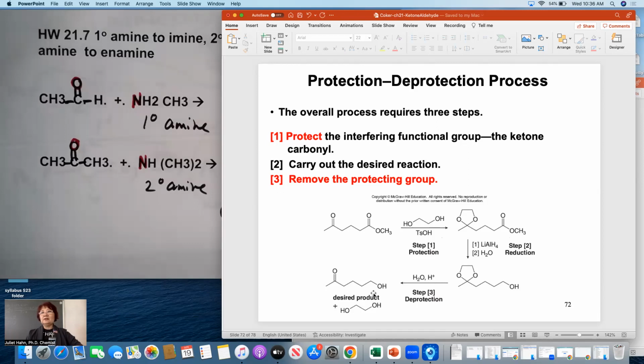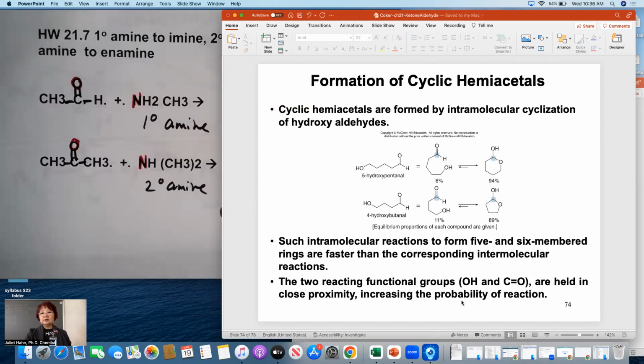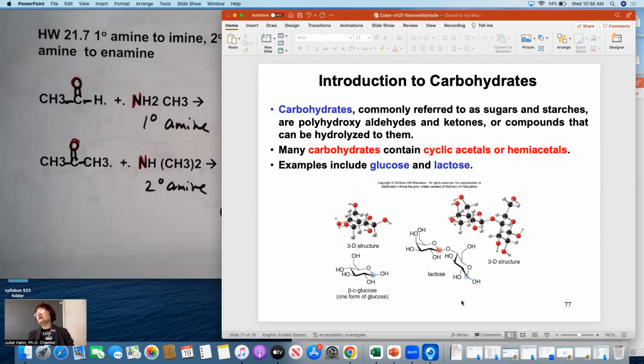If somebody mentions something about protection group, you'll know what they're talking about. You can also form cyclic acetals and cyclic hemiacetals. And where would that show up? It shows up in carbohydrates. So all your sugars are cyclized alcohol attached to an aldehyde or ketone, and you get a cyclic acetal or hemiacetal.